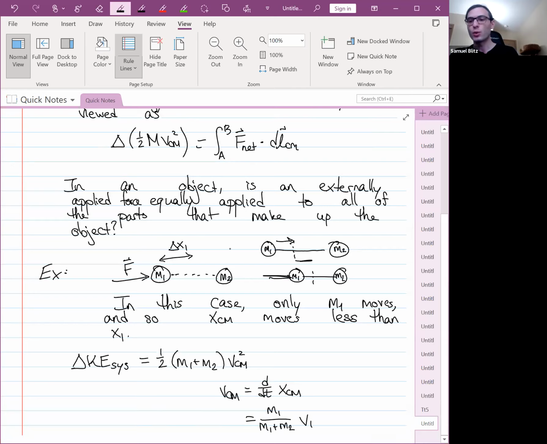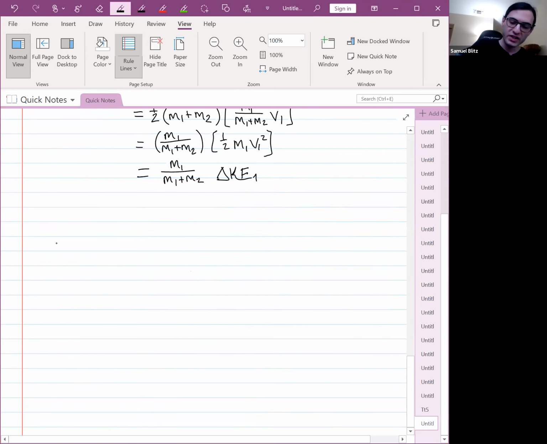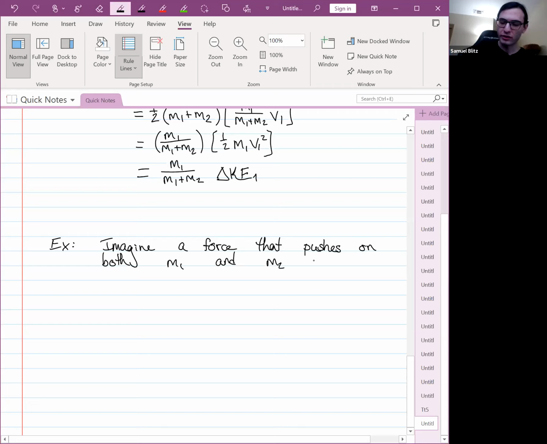It turns out that we were not accounting for something. So let me give an example. Imagine you have a force that pushes on both M1 and M2, but in opposite directions.